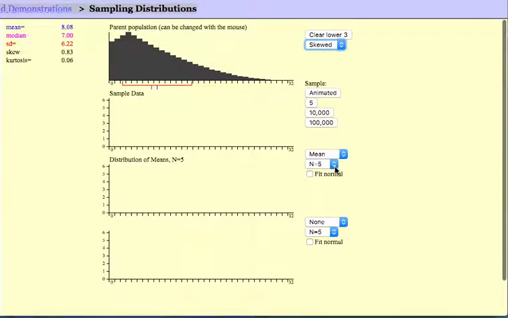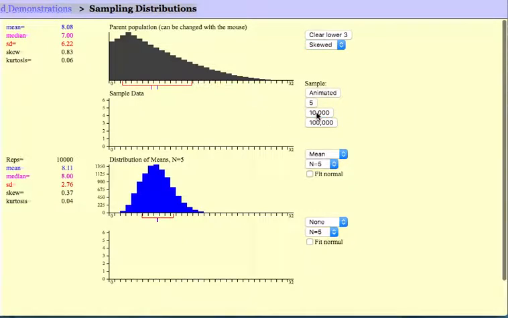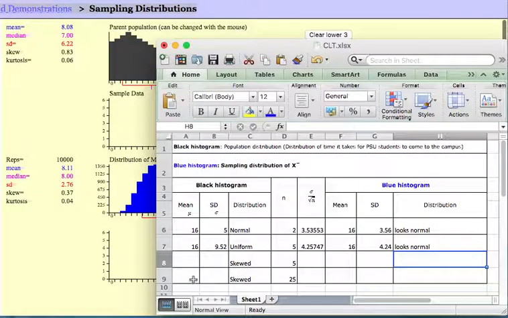And I'm going to still take random samples of size 5, repeat this 10,000 times and put their sample means in the blue histogram. So here once again you can see the mean of the black histogram is 8.08 with the standard deviation 6.22, and it's a skewed distribution.